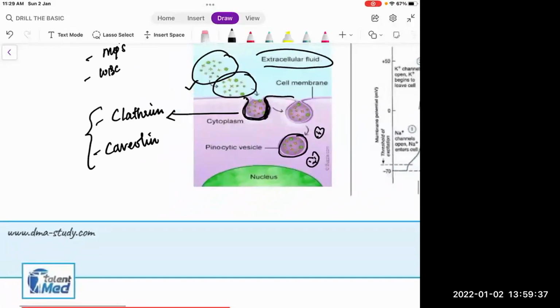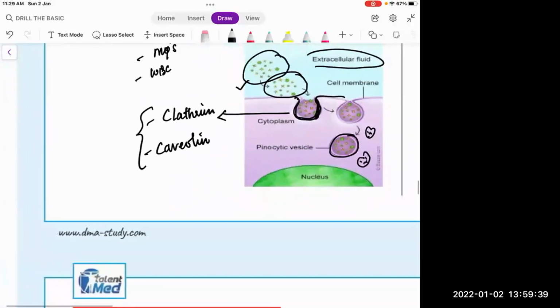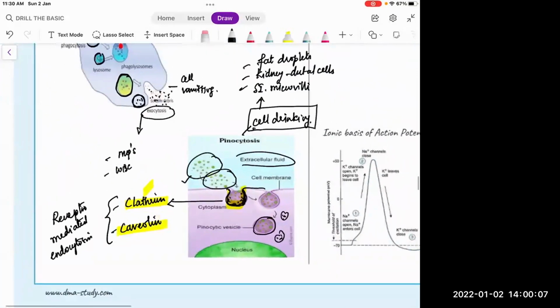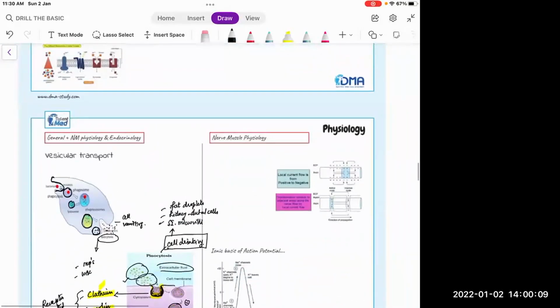The endocytosis process which is mediated by these proteins is also called receptor-mediated endocytosis. So that is endocytosis mediated by clathrin and caveolin. They form the receptors over here. Those receptors favor the molecules to come and bind all over these structures. Okay, so that is vesicular transport.